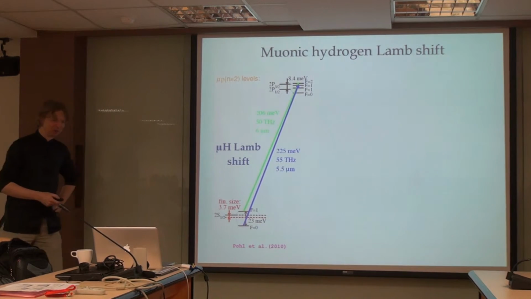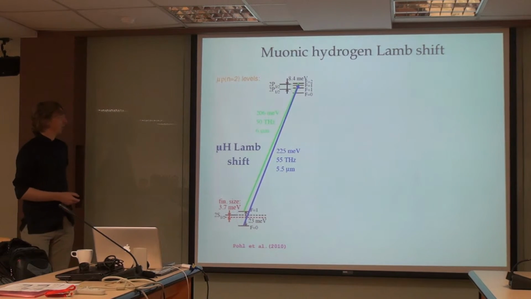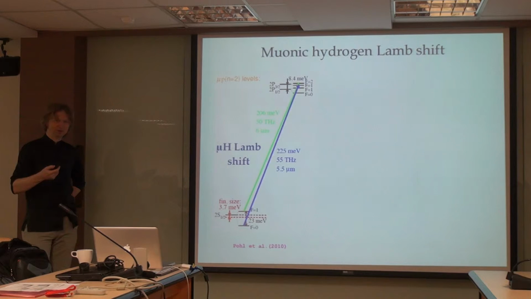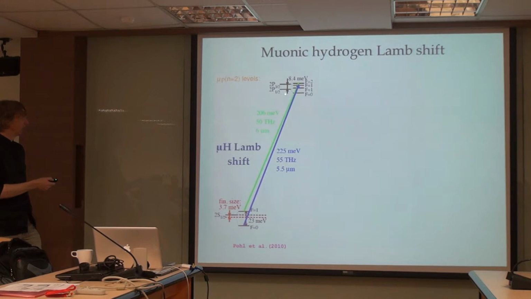Okay, it's a good question. Indeed, there are two things. The first is that the Lamb shift means unpolarized nucleon. The Lamb shift transition involves only the electric radius. If you want to access the magnetic radius, you need to look at the hyperfine splitting.